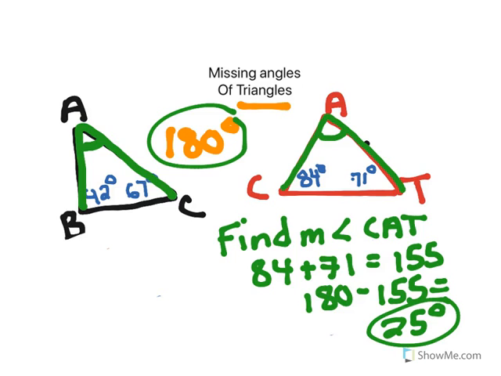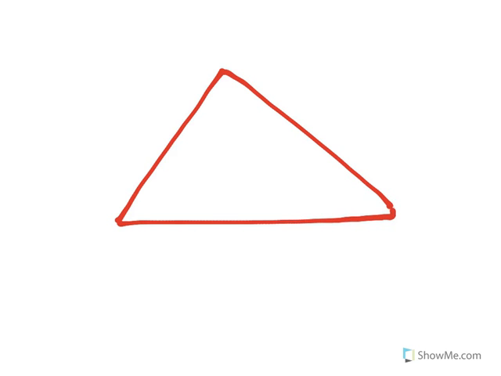All right, sometimes we will see some more difficult examples. So, for example, I'm going to try and draw this triangle pretty large for us here. I'll label this A, B, C just to keep it simple. Sometimes what you will see is they will actually put some expressions as angles.